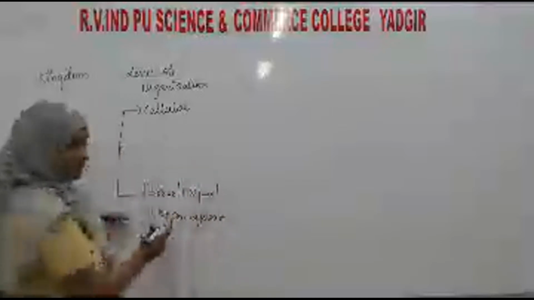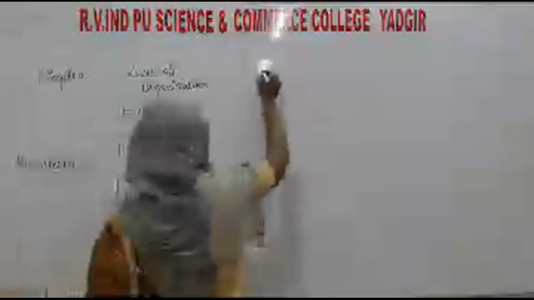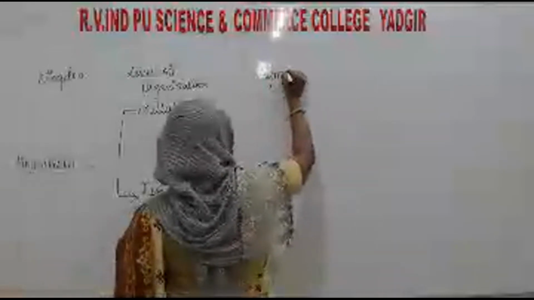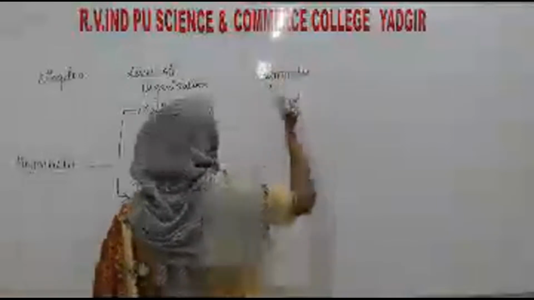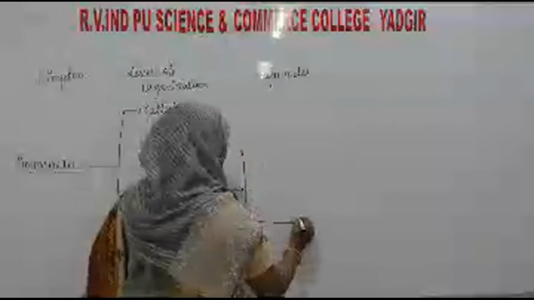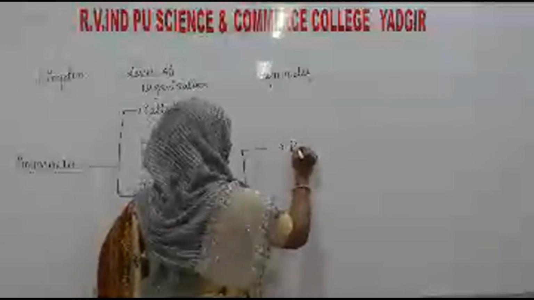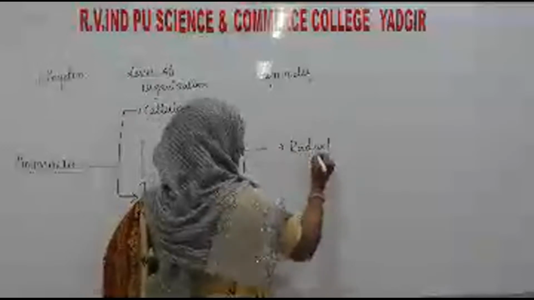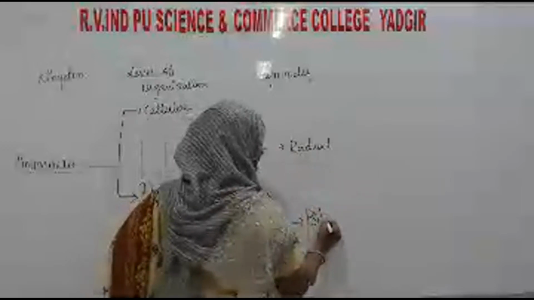These are the two levels. Then next comes the symmetry. Here in the symmetry, one is radial, another is bilateral.